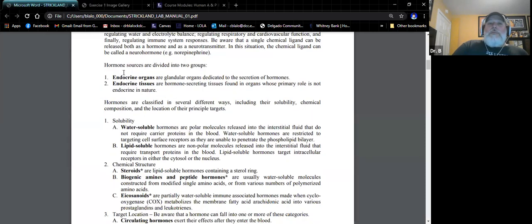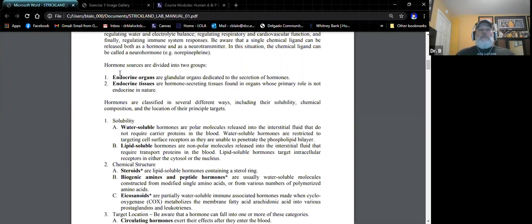Now, we have two different hormone sources, okay? We have what we call endocrine organs, and we have what we refer to as endocrine tissues. An endocrine organ is a dedicated gland which is specifically designed to secrete hormones, meaning that's all it does, all right?